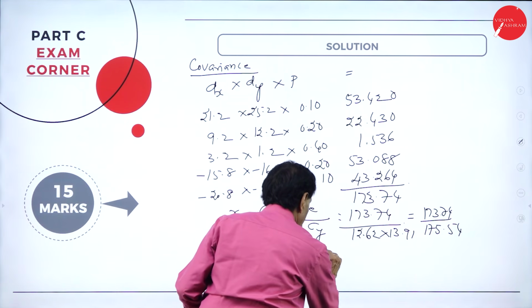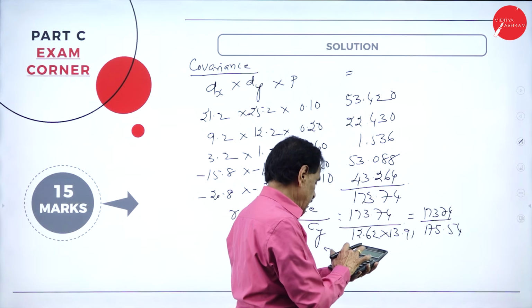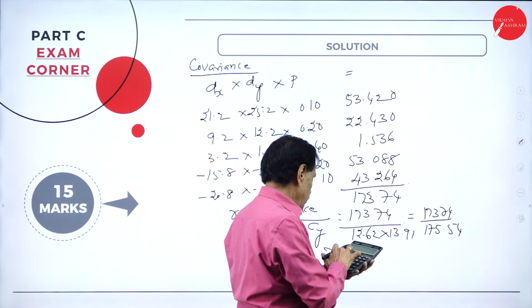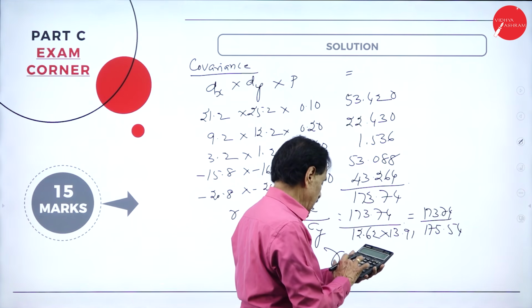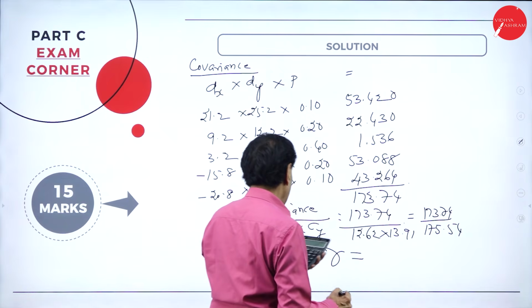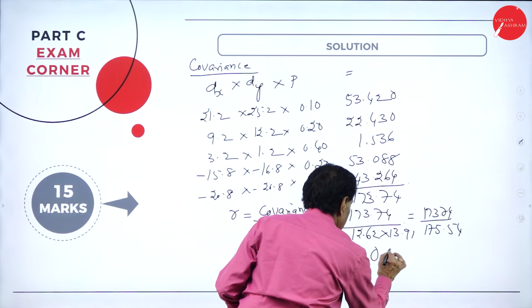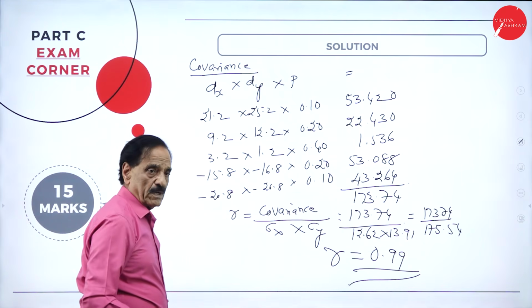Therefore R is equal to 173.74 divided by 175.54, which is 0.99. This is your correlation.